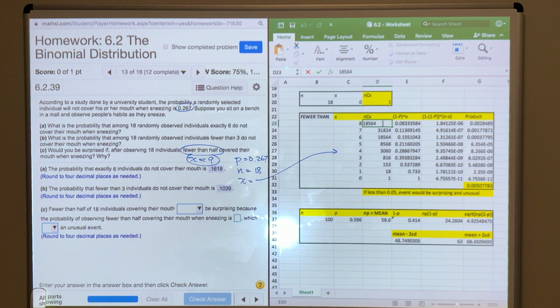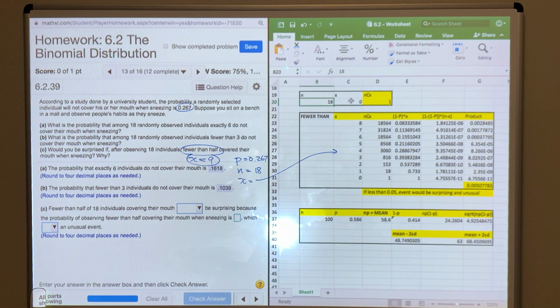So NCX, what's the NCX? Well, I've got 18, C, and I got to start at 8, right? 43,758. Then 18C7, 31,824, 18C6, 18,564, and I had all these pre-done. 18C5, 8568, 18C4, 3060, 18C3, 816, 18C2, 153, 18C1, 18, and of course this last one's going to be a 1.